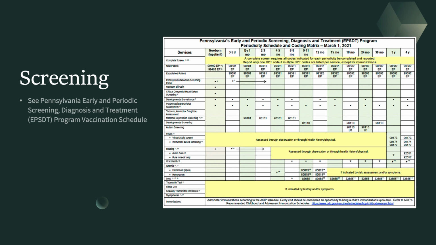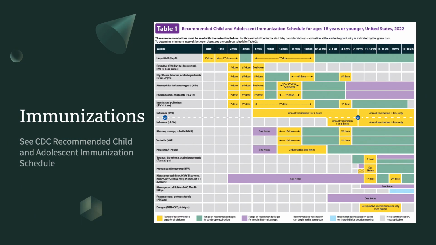For the example here, you can see this is the Pennsylvania Early and Periodic Screening, Diagnosis, and Treatment Tool, or the EPSDT program. And for each well visit age, you can see where we do screenings, what type we do, and for the advanced practice people in the audience, also the code that you're going to use for that visit.